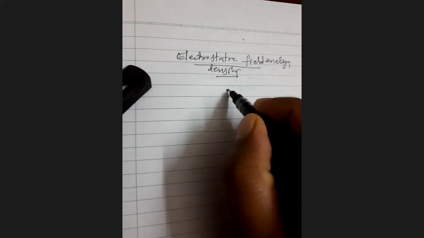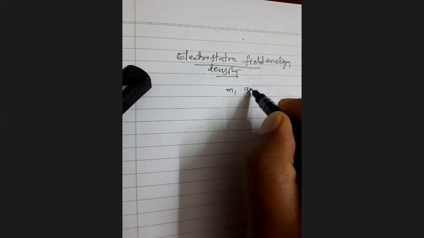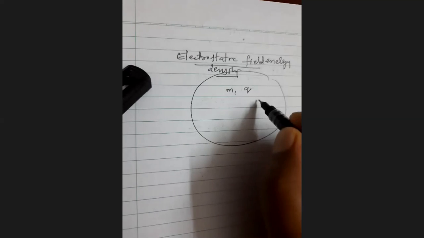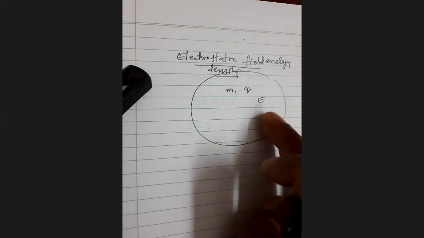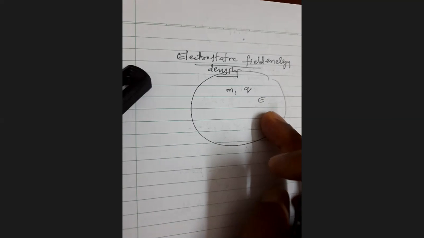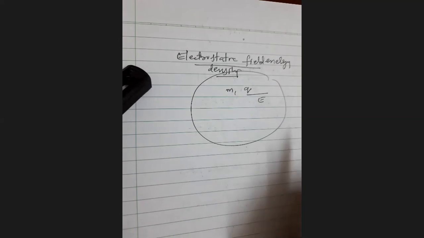According to our previous discussion in the previous lectures, we know that when a charged particle of mass m and a charge q is placed in a uniform electric field of strength capital E, if that particle is released from rest, it starts moving due to the force applied by the electric field on it.